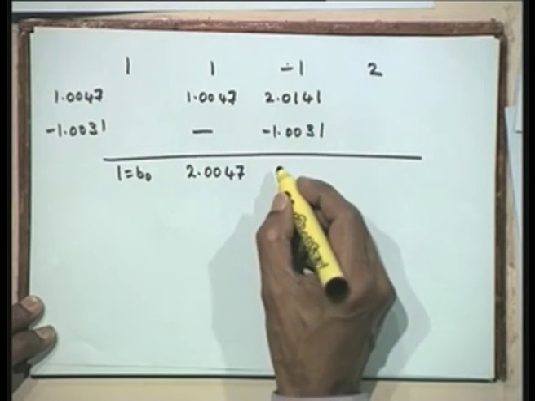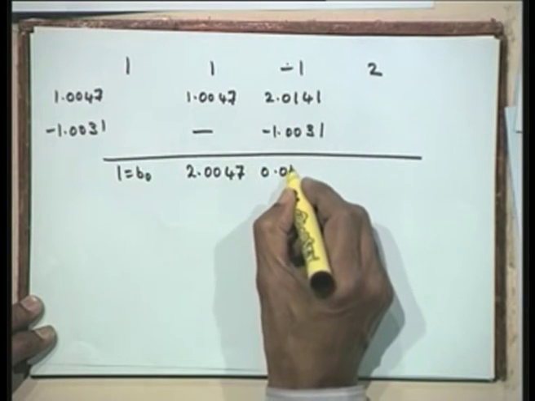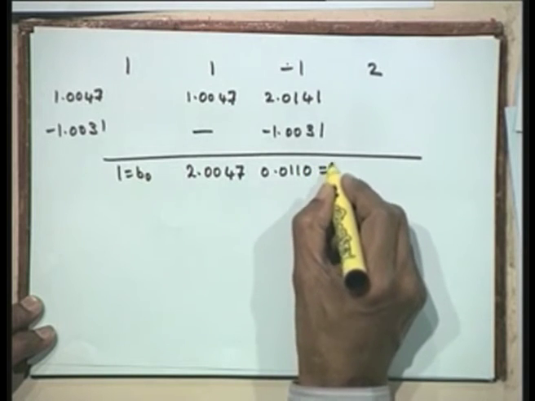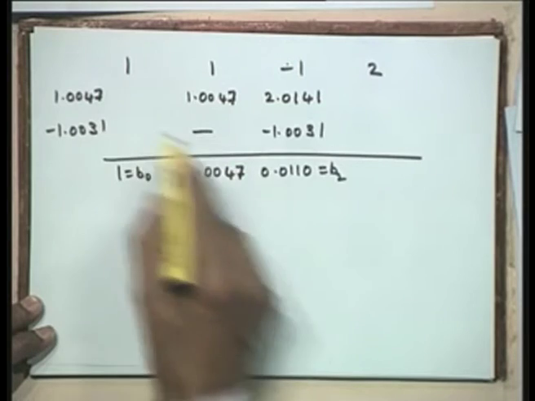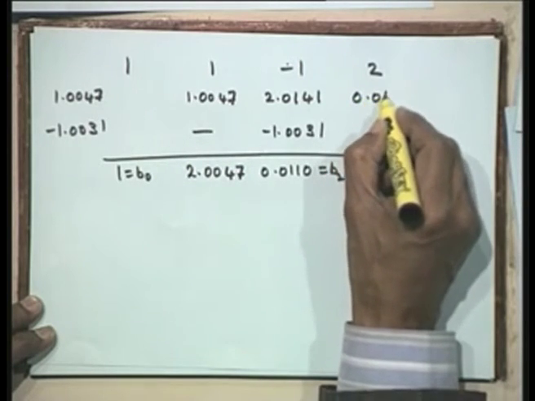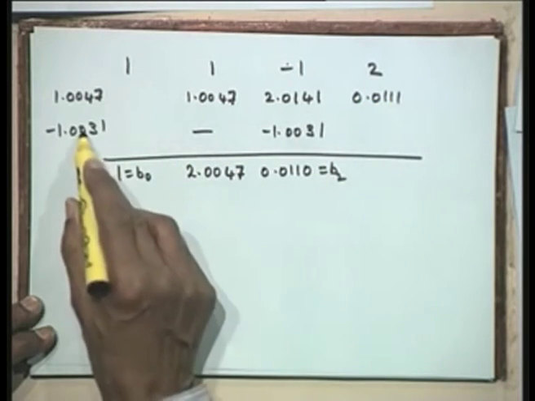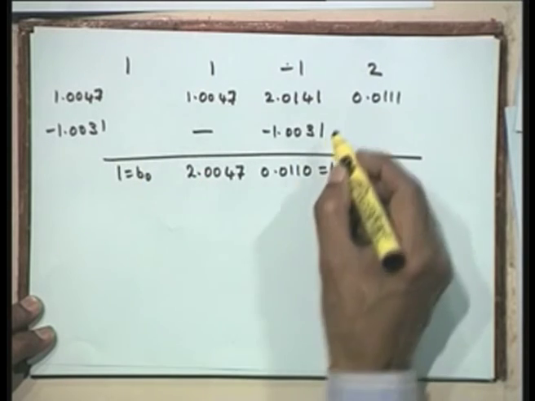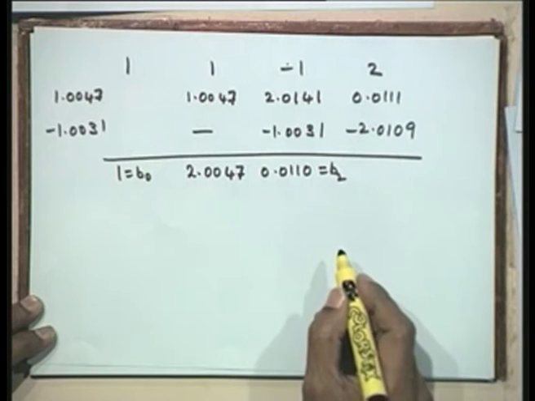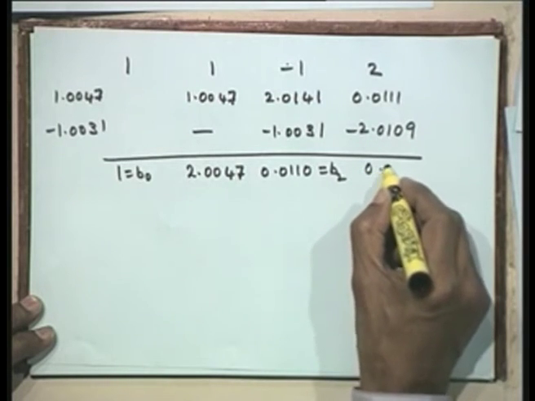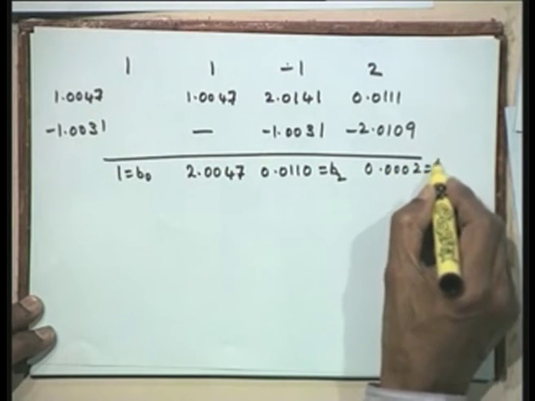So, add up all the 3, I produce 0.010, that is equal to B2. I multiply this and this to give me simply 0.011 and I am multiplying these two quantities to give me minus 2.0109. We add up to give us 0.02.